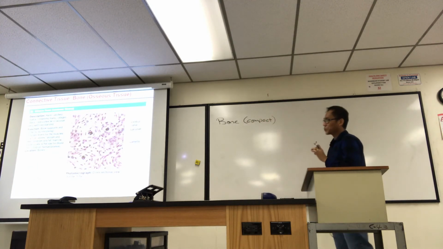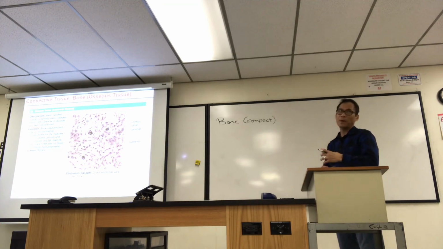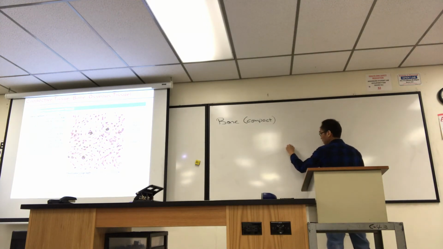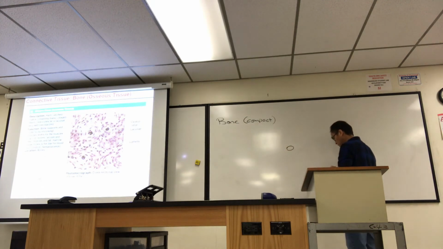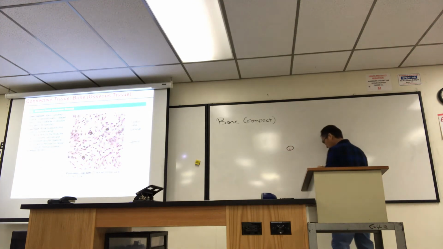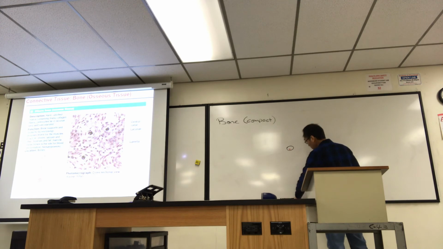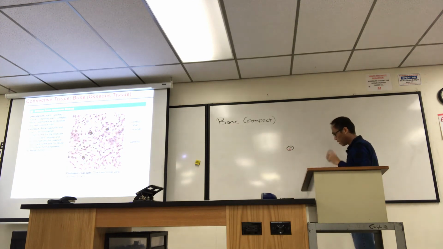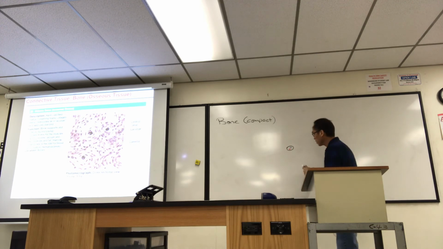The main structure are these columns of bone called the osteons. When you look at it in cross-section, you have a central canal, and that's for blood vessels, like arteries and veins, maybe some lymphatics, maybe some nerves. I'll just draw artery and vein in there. And that canal is surrounded by many layers of lamellar bone. Draw these concentric circles around it.